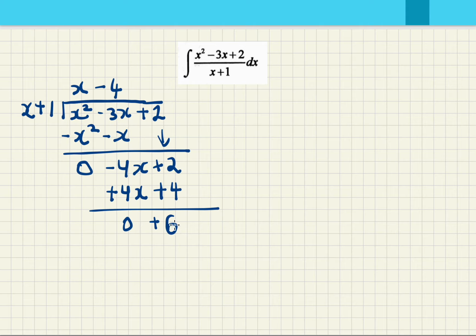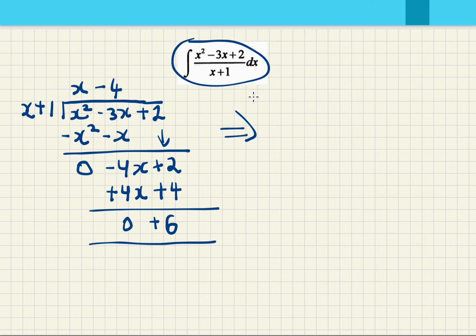Now, once you get a constant over here, we know that nothing times a variable will give us a constant. So since we can't put anything here which would multiply by x to give us a constant, which is 6, this is our remainder. So that means you're done. This is our answer. So this expression is equivalent to the indefinite integral of x minus 4, and we can't forget our remainder, which is 6.